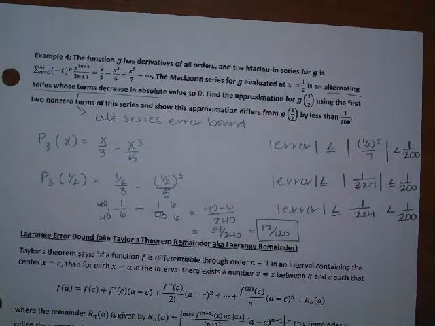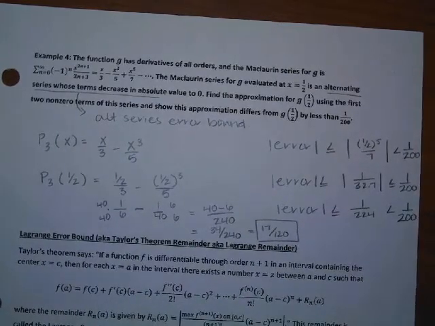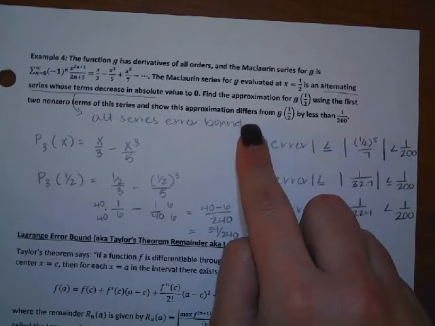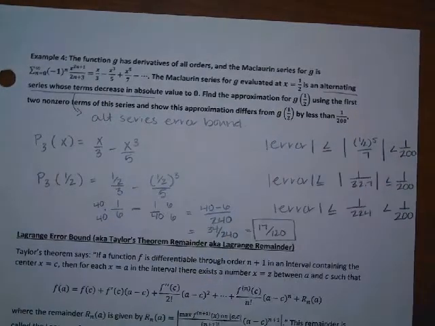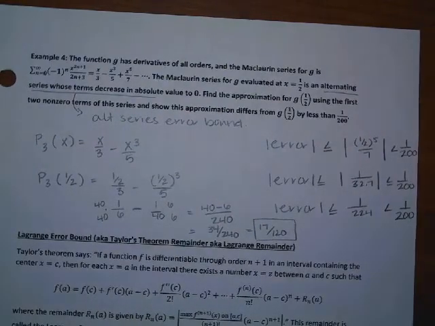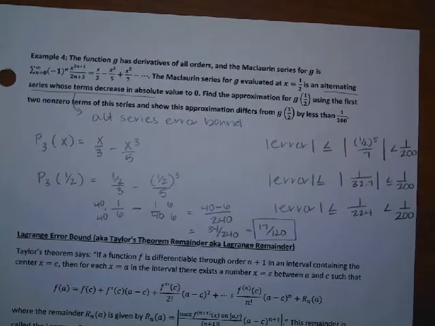If you do the alternating series error bound thing correctly, will it always work out? Yeah, if they say show that it does this, then that's supposed to be true. It really does that. You're not supposed to get something, do this, and then have to do the error to say whether it's right or wrong.